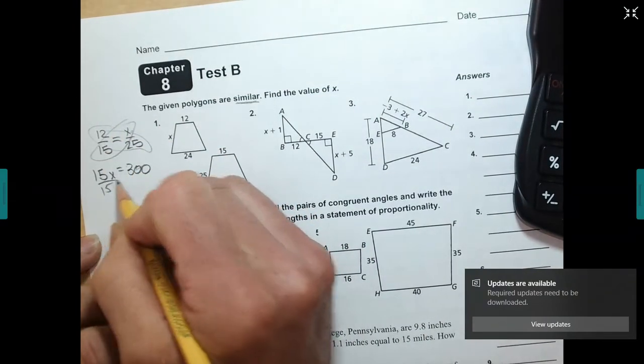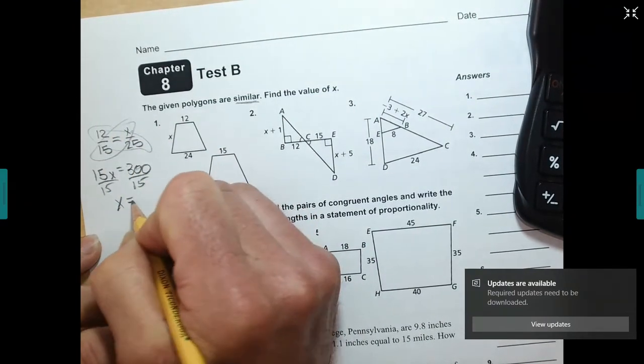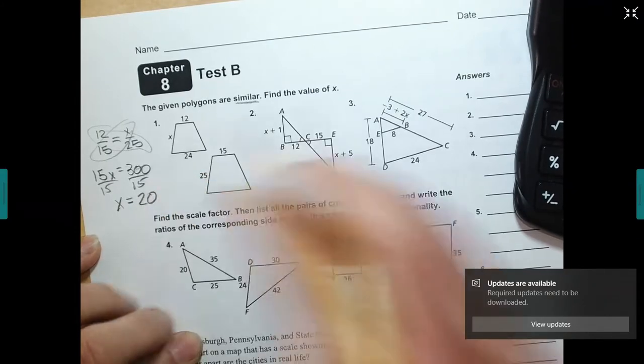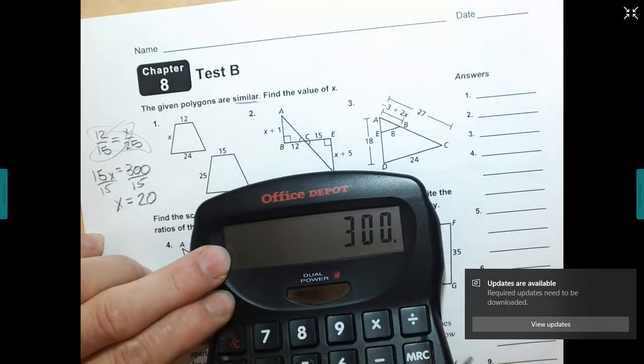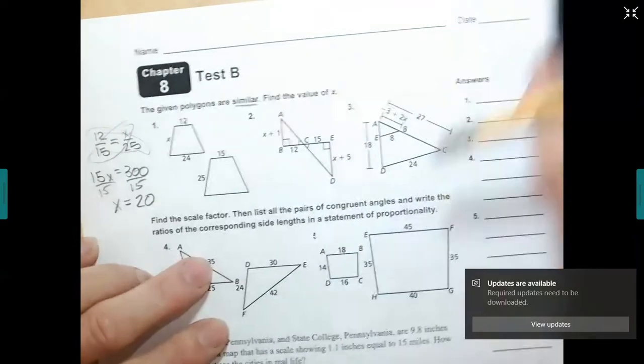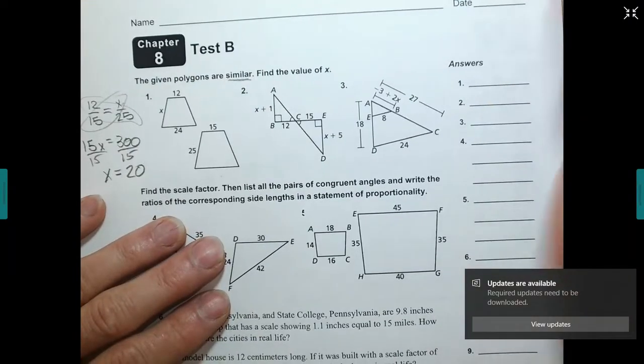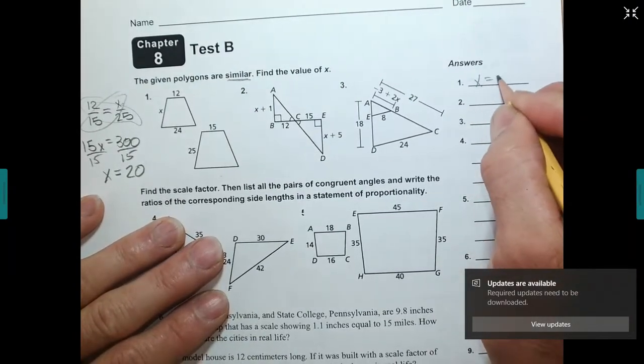Divide both sides by 15, and I get x equals 20. All right, so x equals 20.